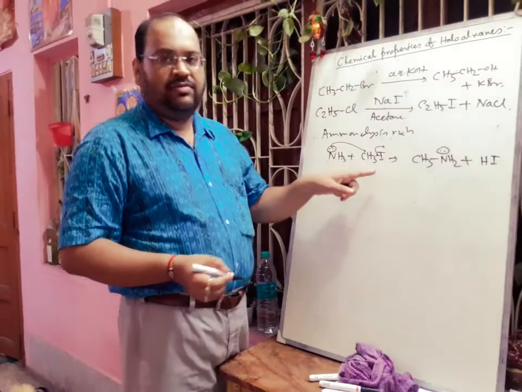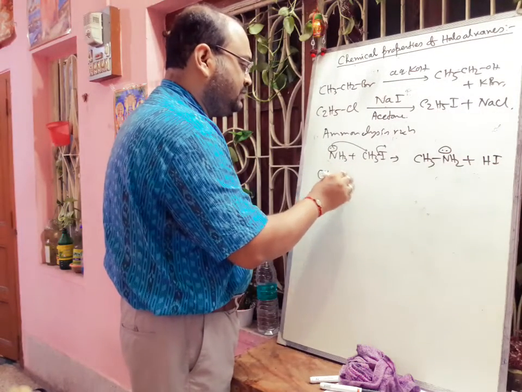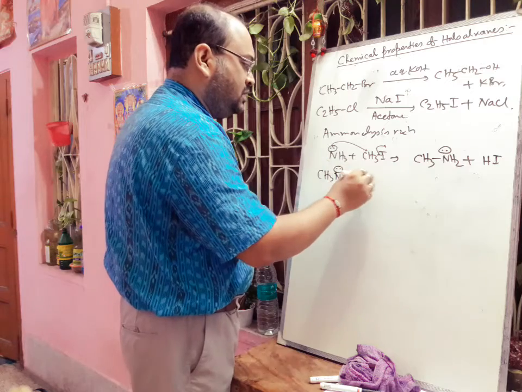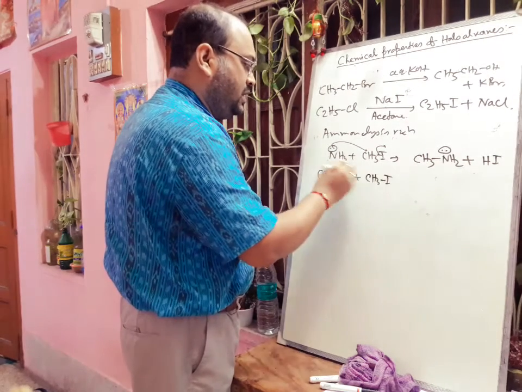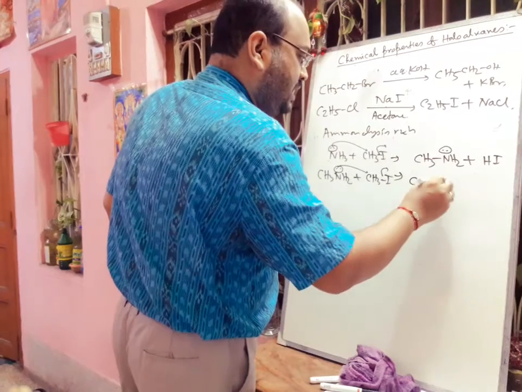If there is excess methyl iodide, again this methylamine will attack another molecule of methyl iodide, and then there will be formation of dimethylamine.